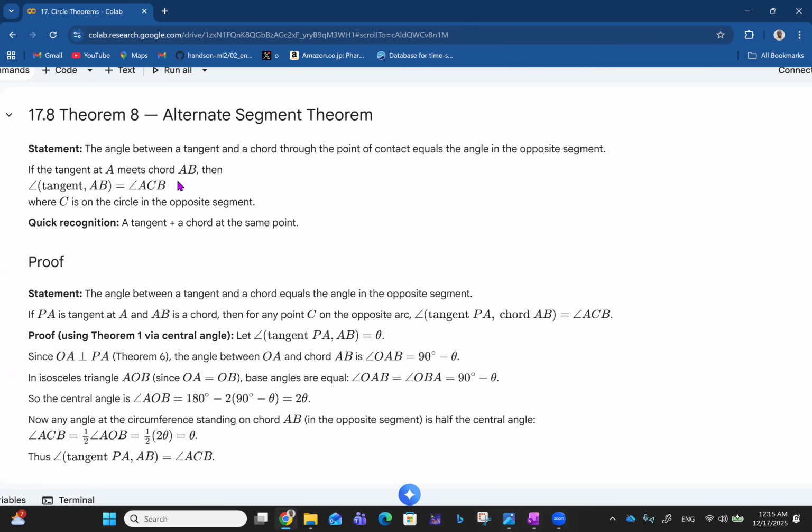So if the tangent at A meets chord AB, then the angle between the tangent and AB is angle ACB, where C is on the circle in the opposite segment. So quick recognition: you have a tangent plus a chord at the same point. This is the picture here.